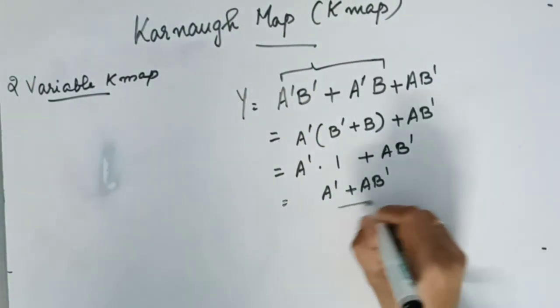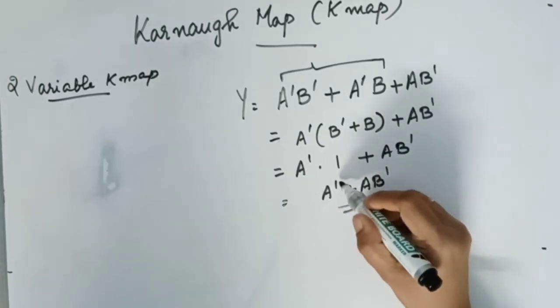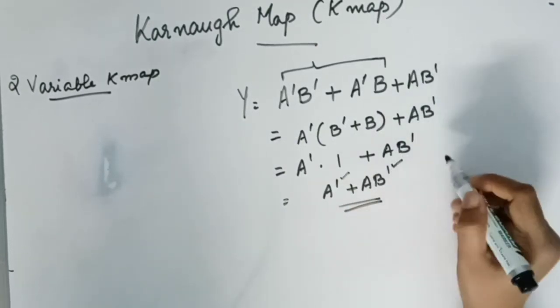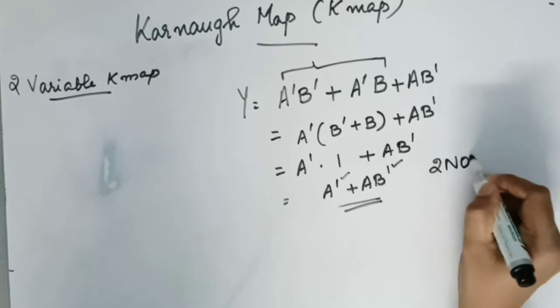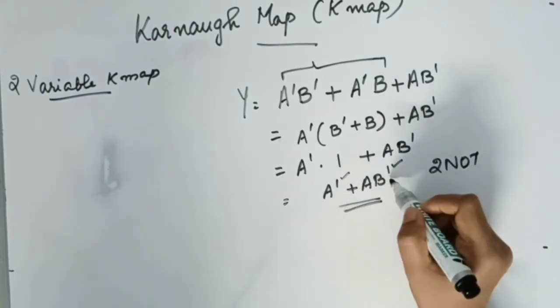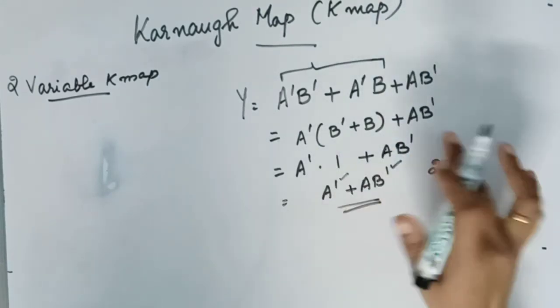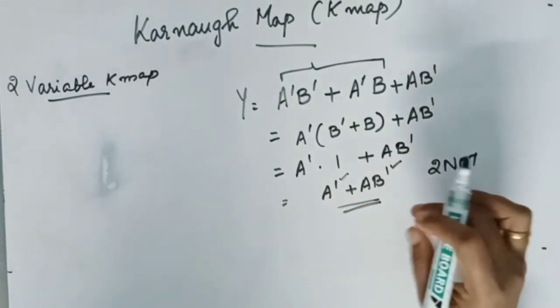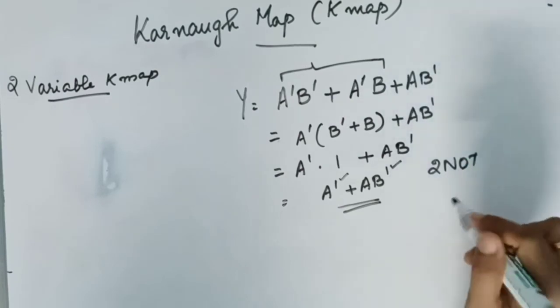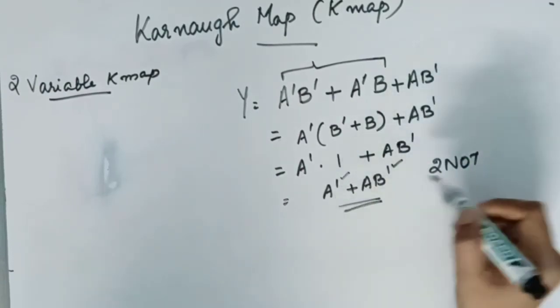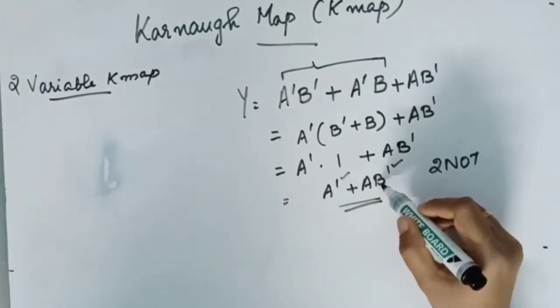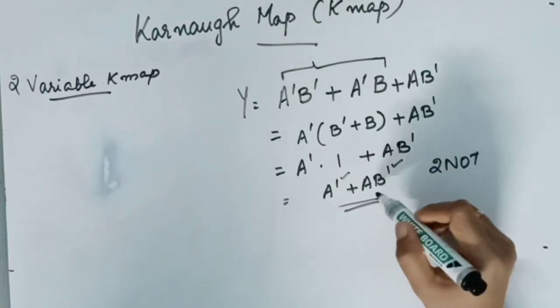Okay, so here you have two NOT gates for a bar and b bar, because inputs are always a and b. In this case you have only two variables, so a and b are the inputs. In order to get a bar you need a NOT gate, in order to get b bar you need another NOT gate.